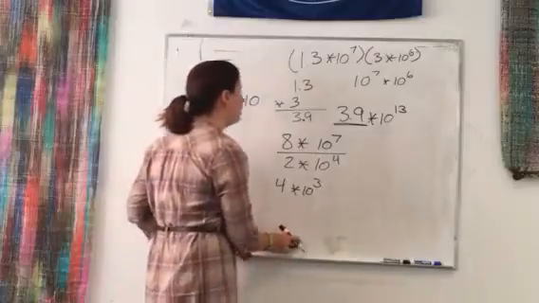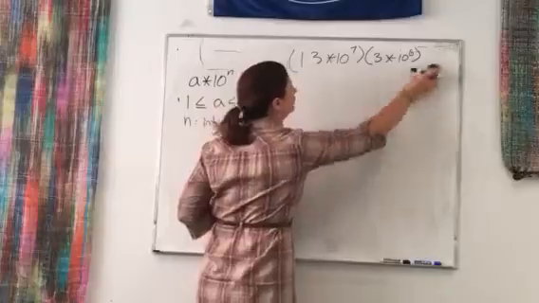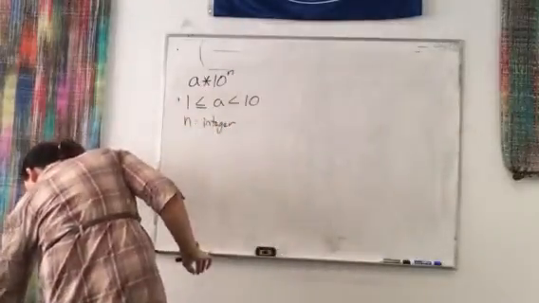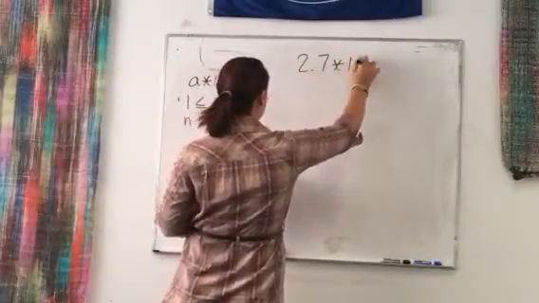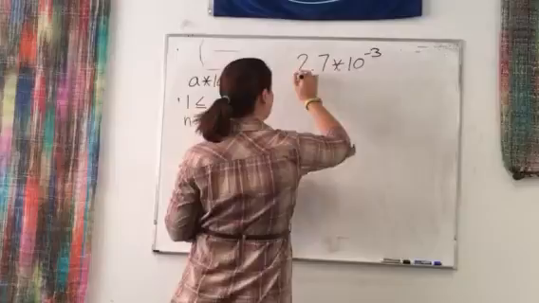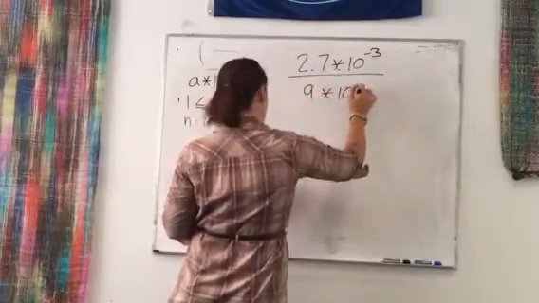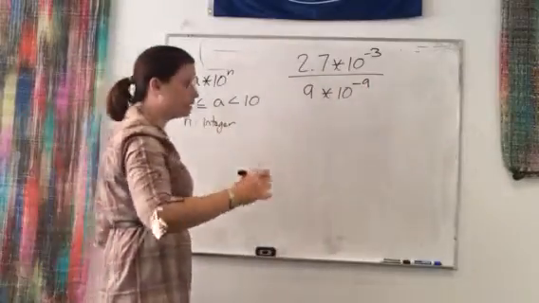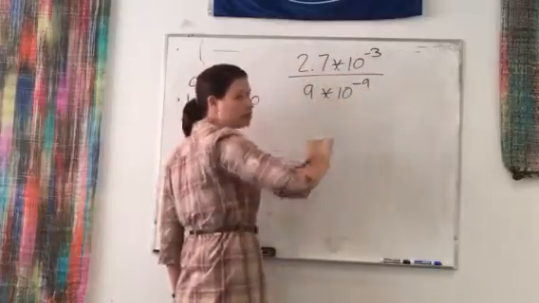Okay, so let's do a more advanced division. So if we start off with 2.7 times 10 to the negative third over 9 times 10 to the negative ninth. Well, again, look at it as number and tens separated.